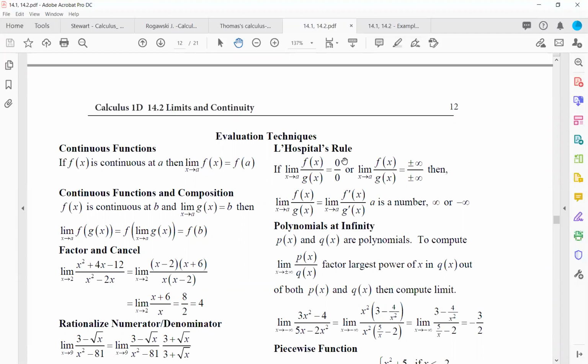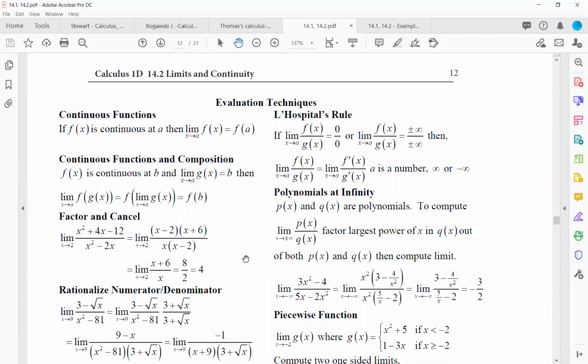We have also some nice rules to find the limit of functions when it comes to rational functions. For example, if you plug in a into the function and you get 0 over 0 or infinity over infinity, you can just take the derivative of the numerator, derivative of the denominator, and take the limit of those derivatives. And again, if you have 0 over 0 or infinity over infinity, you can take the second derivative and you can continue the process.